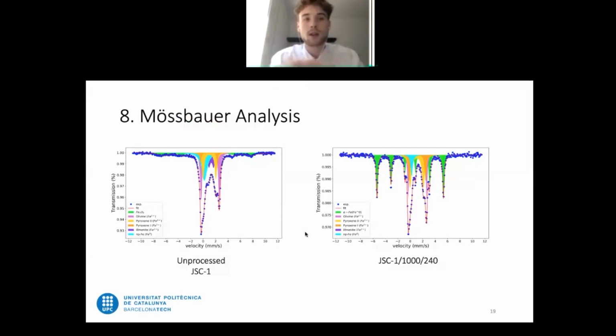And then to finalize these experiments, we conducted a Mössbauer analysis. Effectively, the Mössbauer analysis utilizes a radiative decaying object. In this case, the source was cobalt 57, and the catch of using a radiative source is that it only emits a particle of one energy.